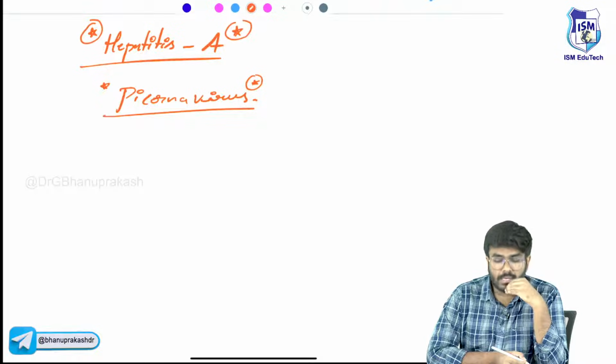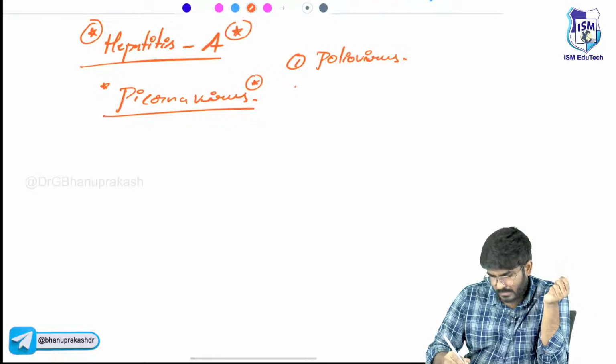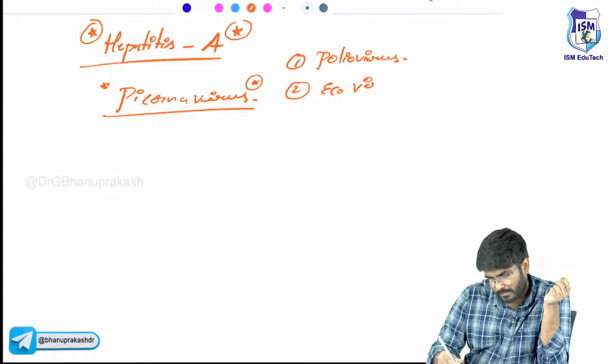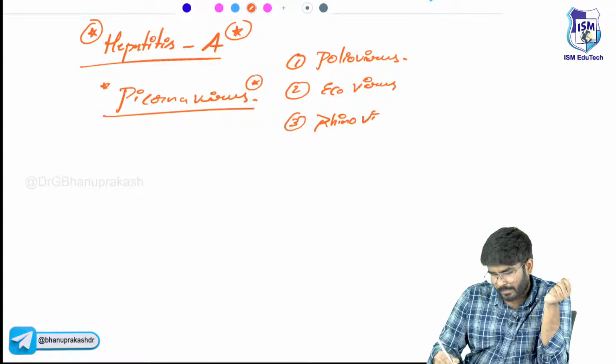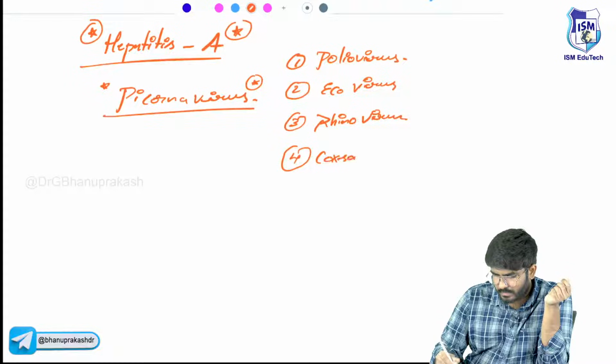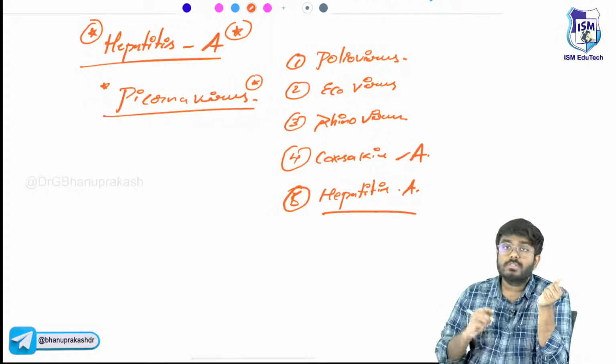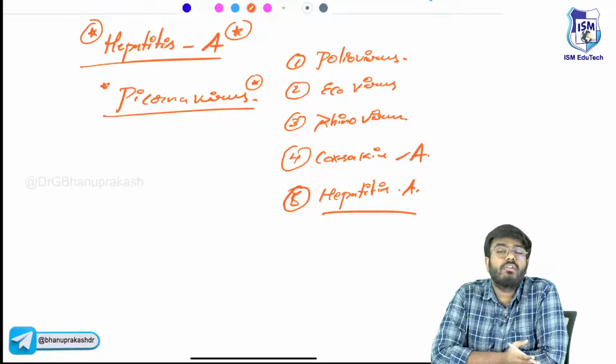For example, poliovirus, echovirus, rhinovirus, the fourth one is Coxsackie A virus, and the last one, the fifth one, hepatitis A. So these are the viruses which all belong to the Picornaviridae family, the picornavirus.